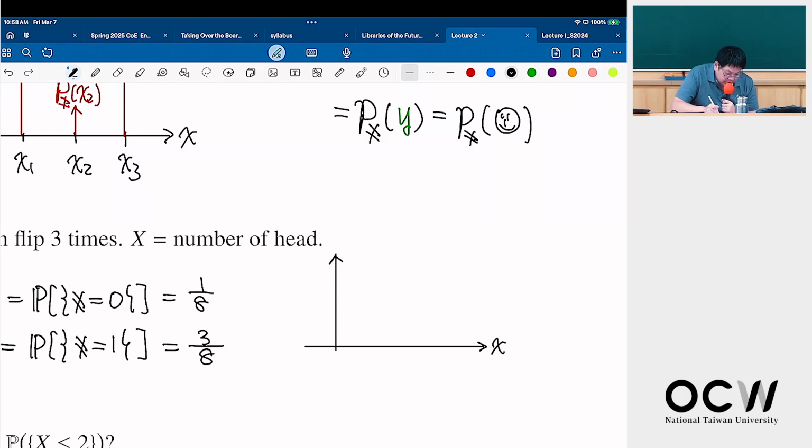So we can also plot the PMF. My outcomes will be 0, 1, 2, 3. And the probability of getting 0 will be 1/8. Getting 1 will be 3/8. And getting 2 will be also 3/8.